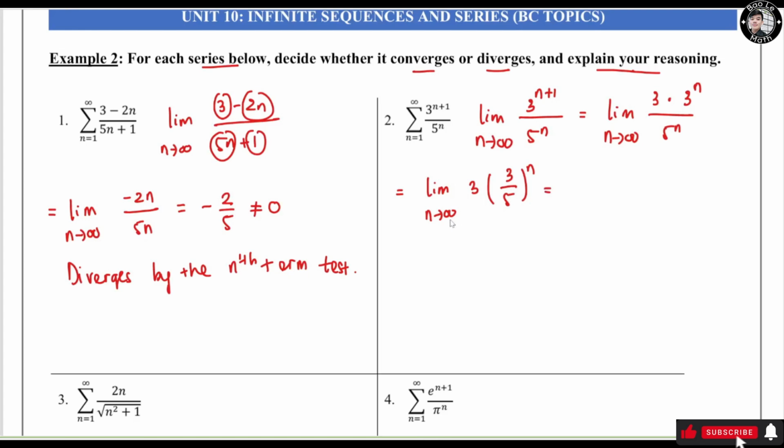Now, when n approaches infinity, this fraction is greater than 0 and less than 1, so it becomes 0, right? 0 times 3 is going to be 0, right? Now, by the n-term test, it is inconclusive, right? We can use the geometric series to determine if the series converges or diverges. Now, we look at this one right here. This guy is actually a geometric series, right?